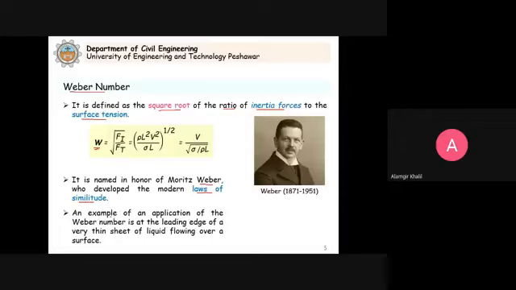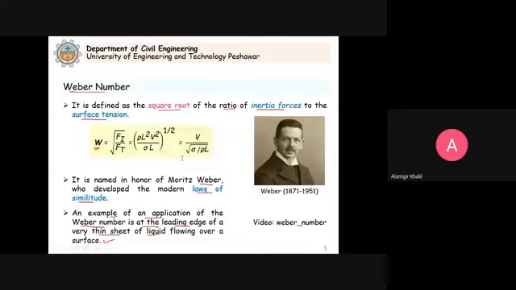Now an example of an application of the Weber number is at the leading edge of a very thin sheet of liquid flowing over a surface. If you study this fluid problem, we have to consider this Weber number, because then surface tension effects will be significant. Clear? For example, I show you in this video.